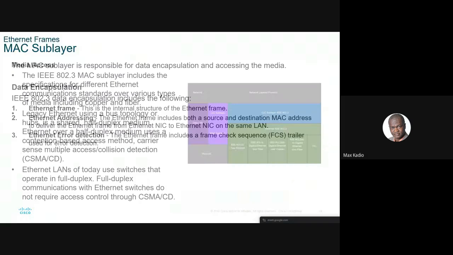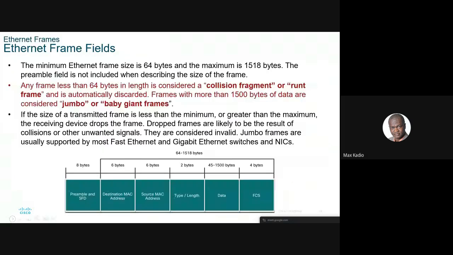I'll show you. So this is an example of a frame. The envelope that you find at layer 2 is called the frame. Inside, we have source MAC address and destination MAC address.